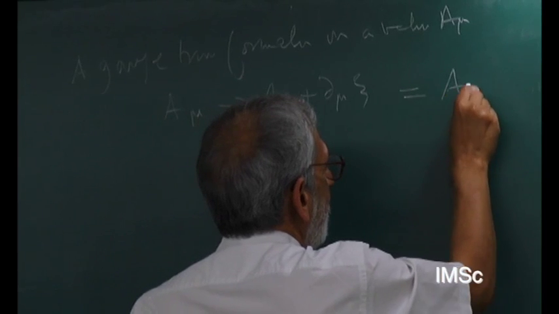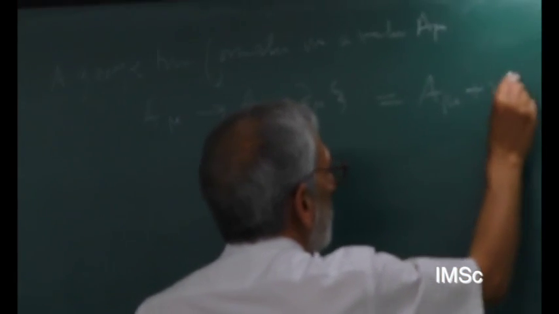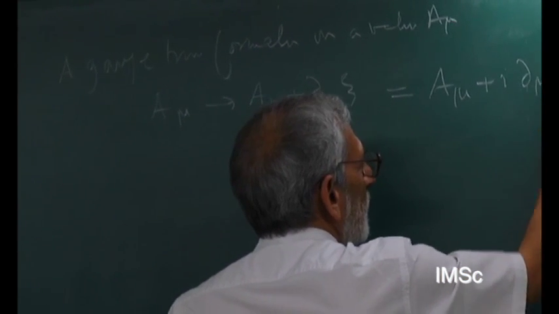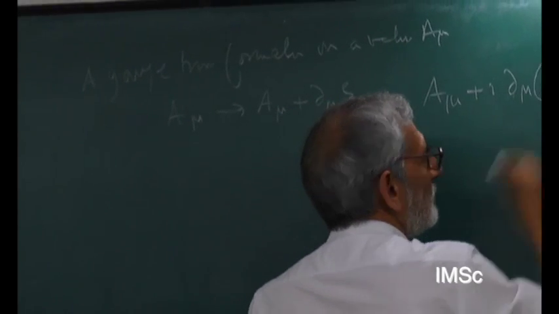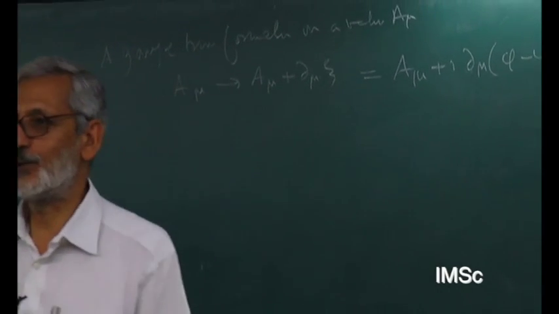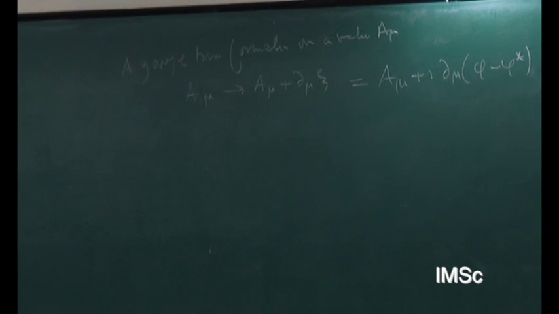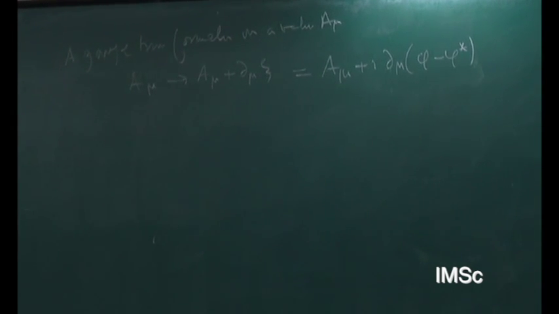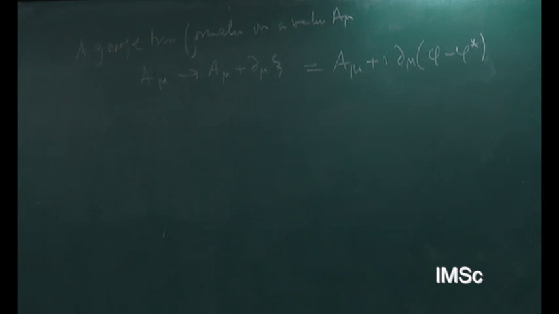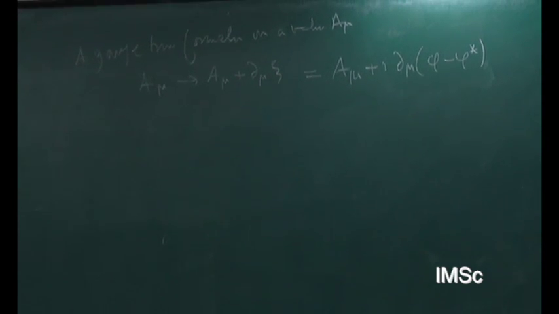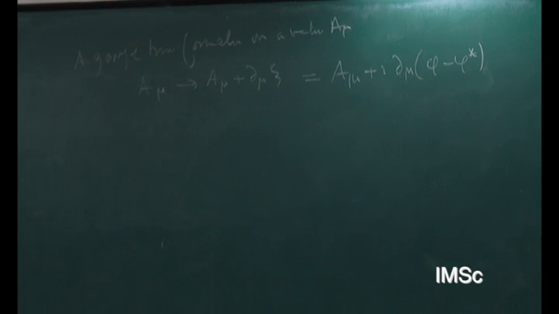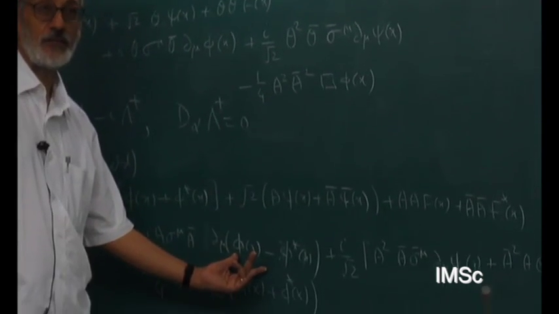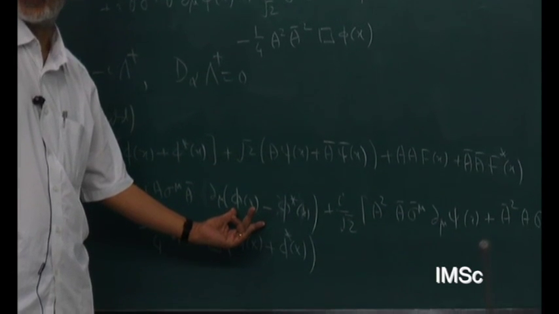Let me rewrite that as A mu goes to A mu plus i d mu (phi minus phi star), calling xi to be i times phi minus phi star. Is it clear? Then this object looks like the change that a gauge field would undergo under a gauge transformation.